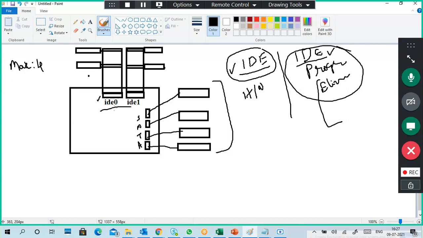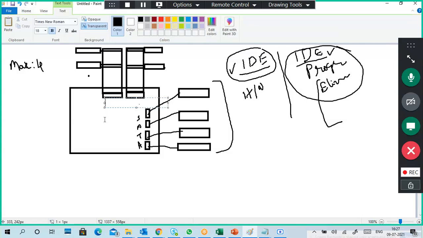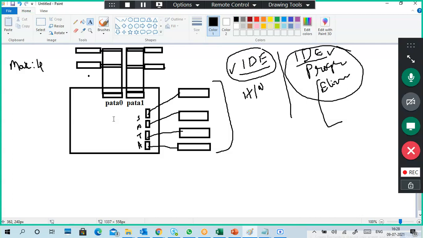Generally we just call this an IDE, but to avoid the confusion, I will change it. The IDE converts into SATA. Now we are using ATA connections only. So I put a PATA connection, PATA 0, PATA 1. So now you won't get confused.